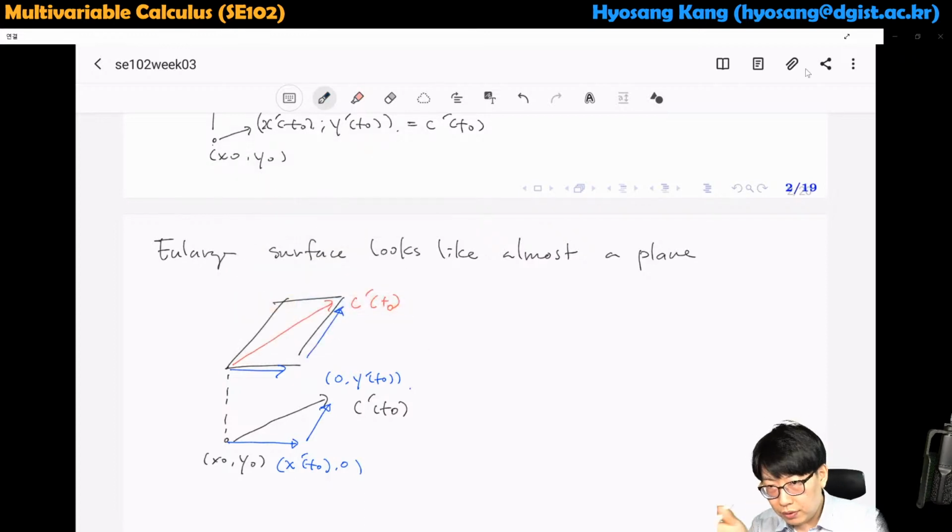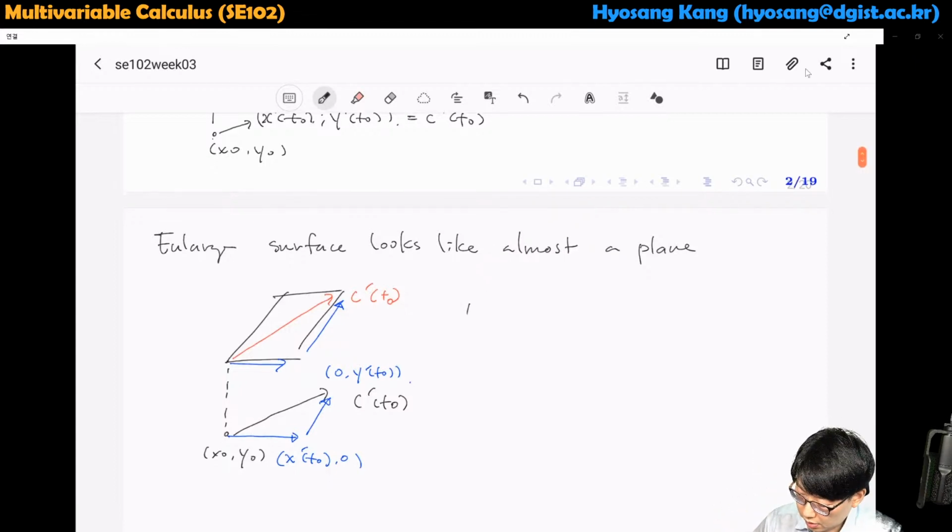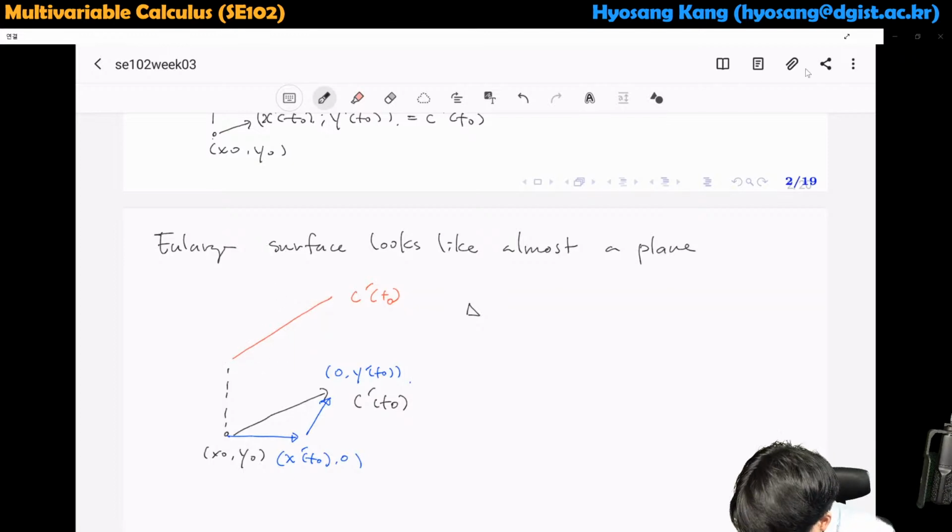So when I move along the x direction, the difference between the value of z, so let's see here, actually I should make this more dramatic, like this, okay.